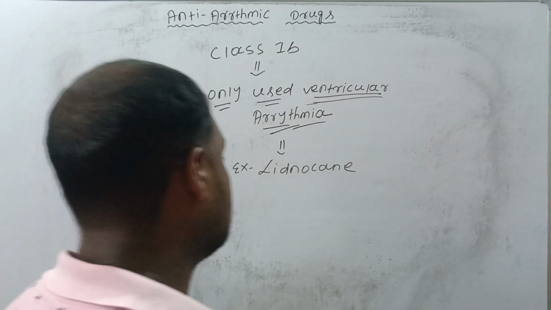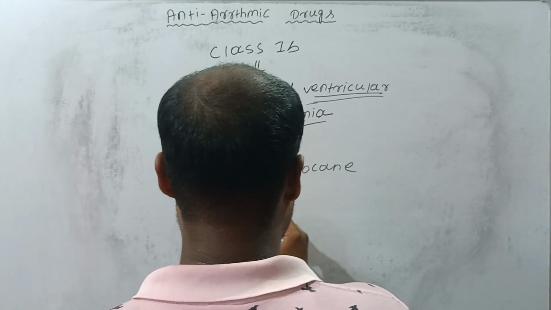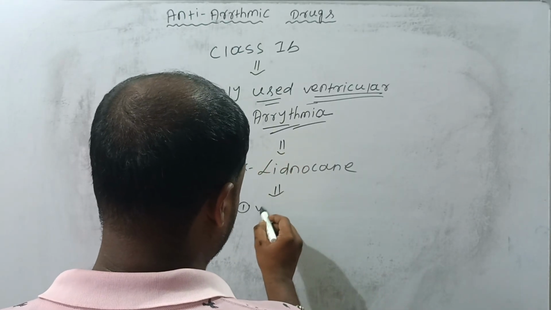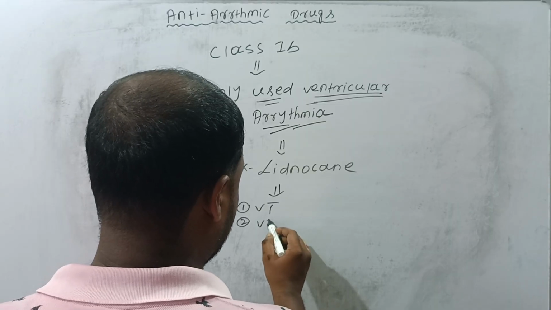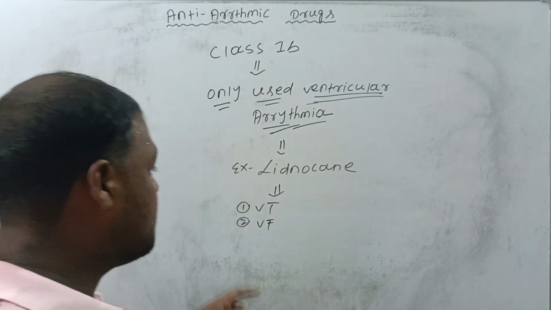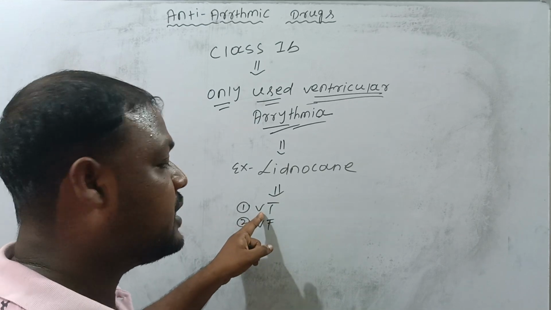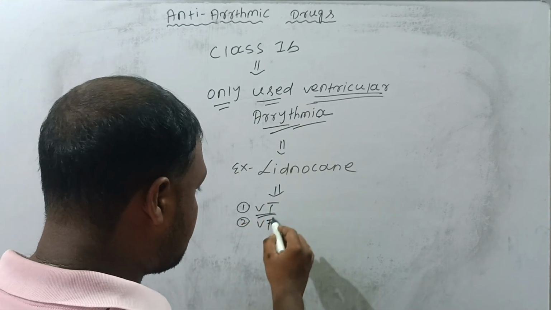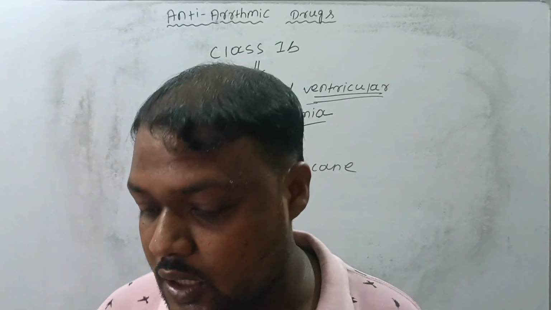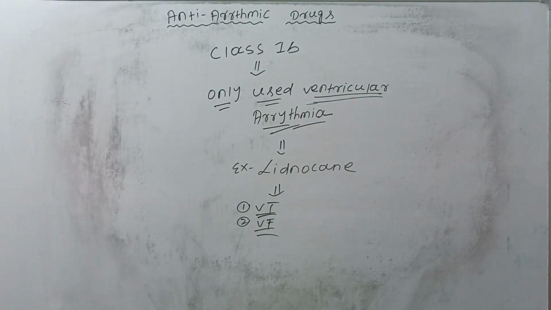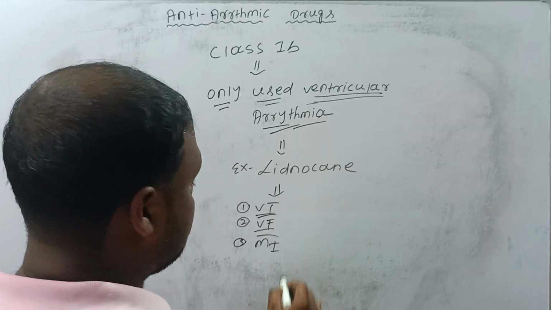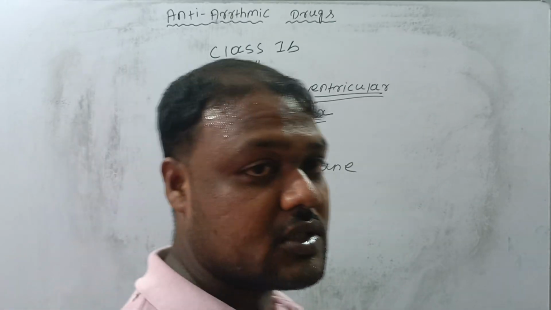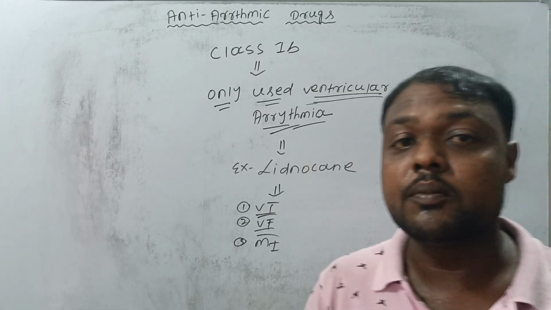Ventricular arrhythmia means VT, ventricular tachycardia, and VF, ventricular fibrillation. Third, it is also used in MI, myocardial infarction.